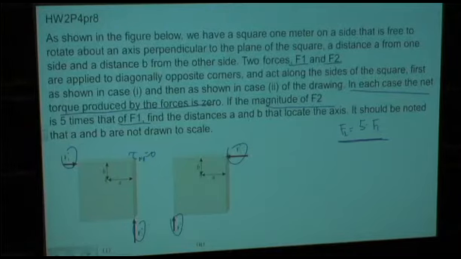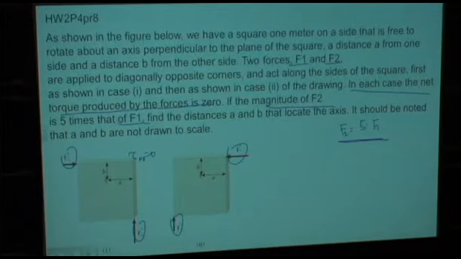They have opposite directions, of course. For example, relative to this axis, this torque is negative, this torque is positive. Relative to this axis, this torque is negative, this torque is positive. So they must cancel each other, which means they must have the same magnitudes.